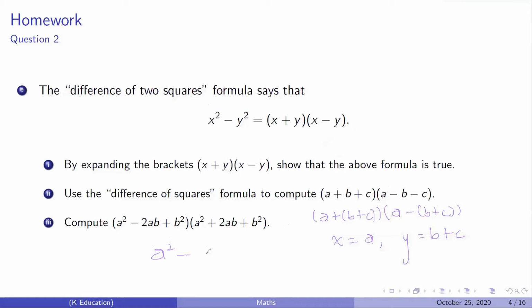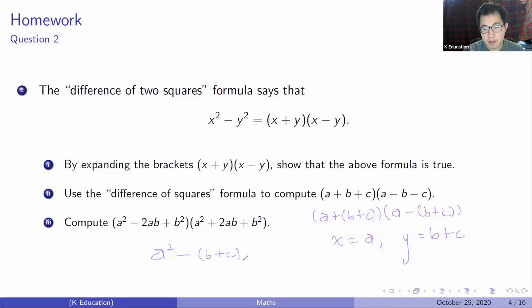So it's y squared, and you said y is? B plus c. So a squared minus b plus c, squared. Yeah, exactly. I'm not trying to trick you or anything, right? It's literally what it says.